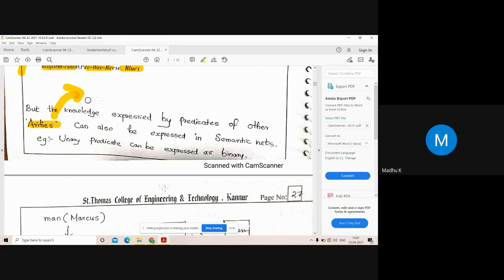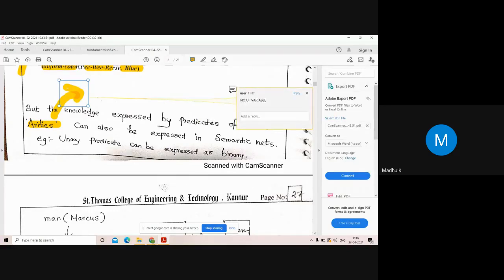Variety means the number of variables in the predicate. That is the meaning of varieties, the number of variables.